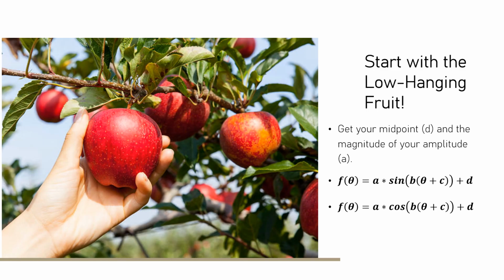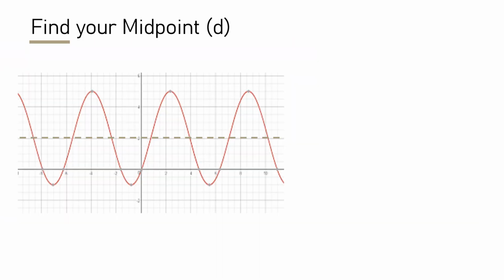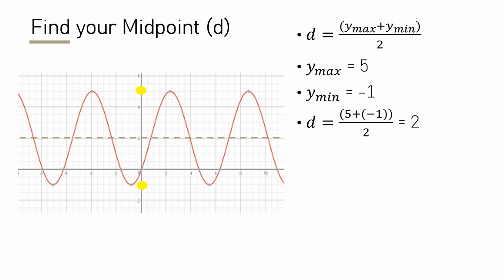I think it's best to start with the low-hanging fruit. I think it's easiest to find the midpoint and the amplitude parameters to begin with. So the midpoint's just an average of your peak values. For an example like this, the max is at 5, the min's at -1, add those two together, divide by 2, and your midline's at y equals 2.